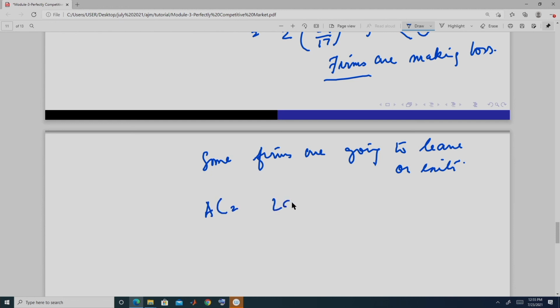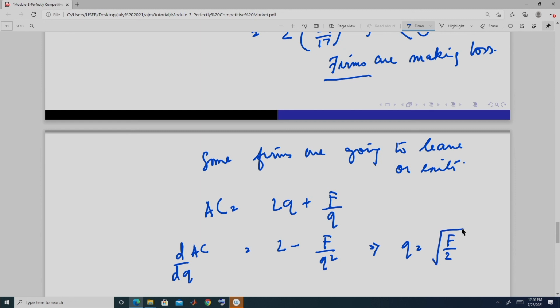Average cost is going to be the minimum of this, which we get by taking the derivative of this with respect to output, which is equal to this. So, the minimum point is this.